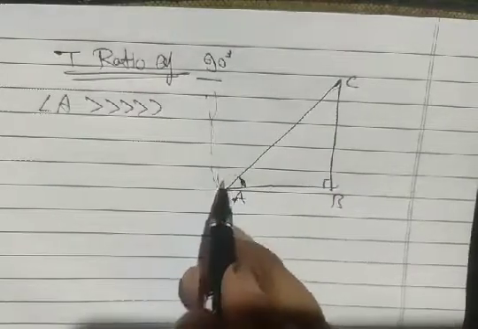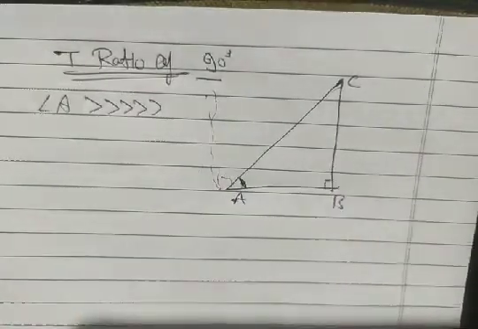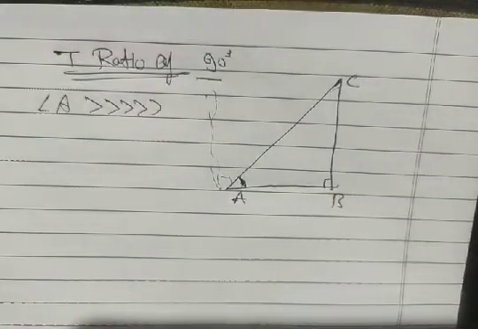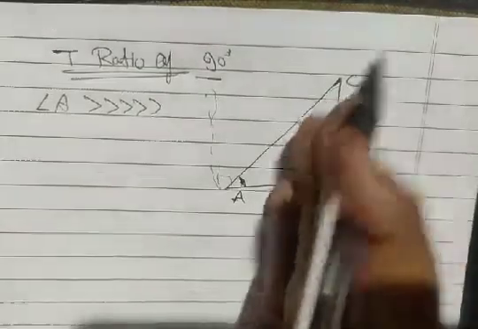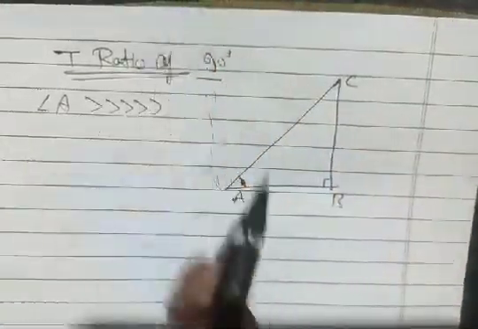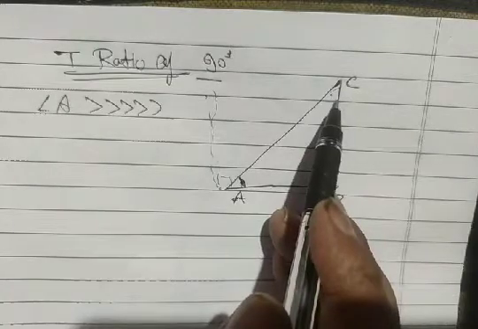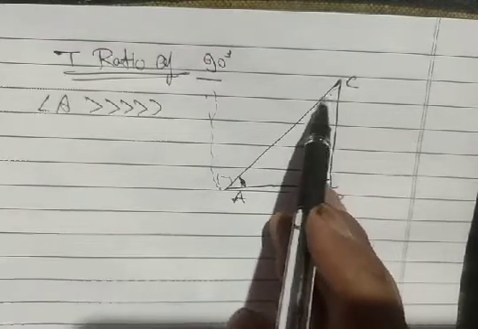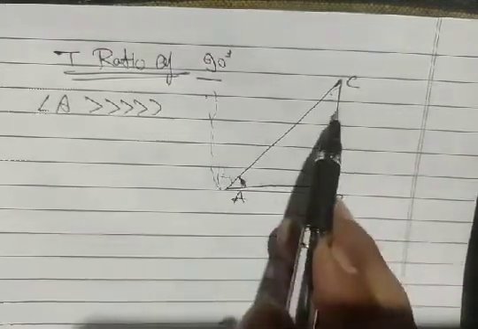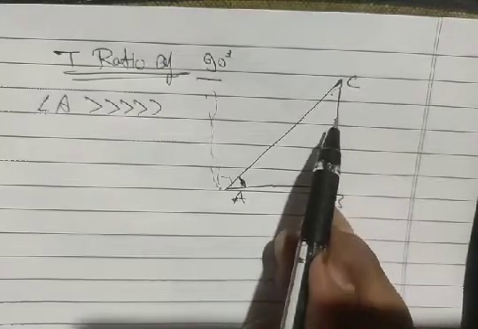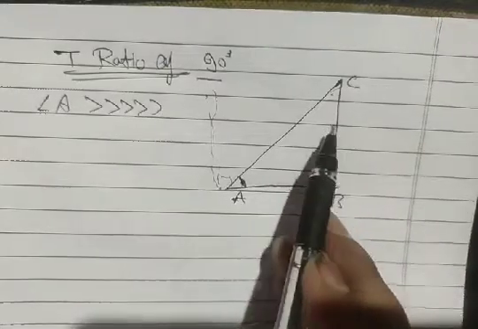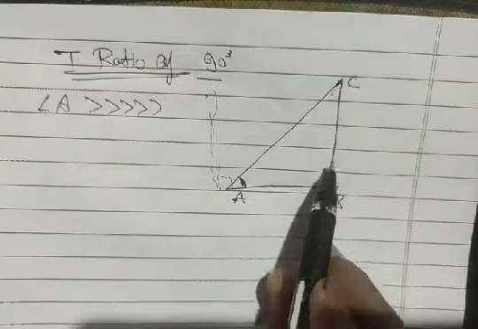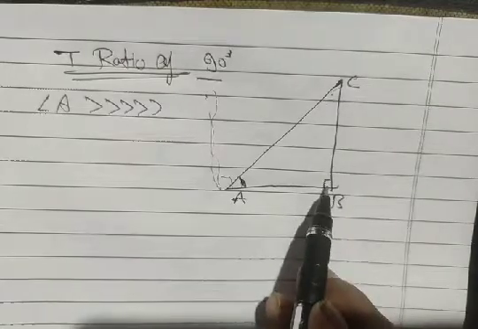With the increasing value of angle A, our angle C becomes smaller and smaller, and the length of side AB goes on decreasing there.